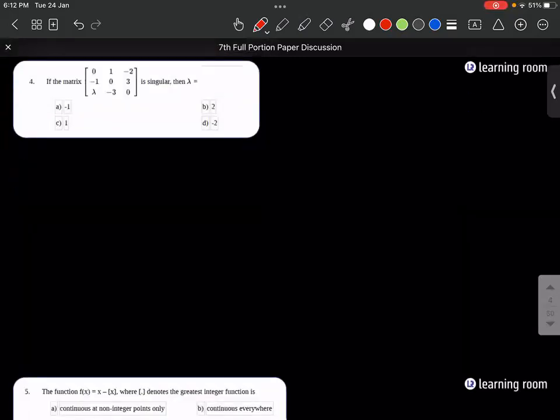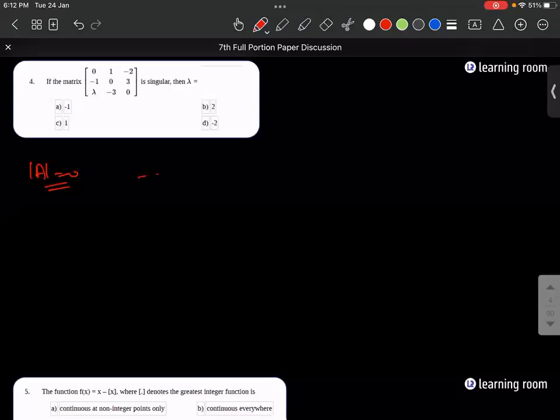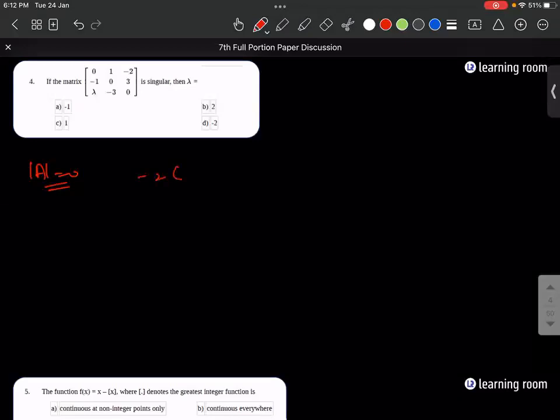If the matrix is singular, it means the determinant of A should be equal to 0. So what is the determinant of this? Minus 1 into 3 lambda minus 2 into 3 is equal to 0.